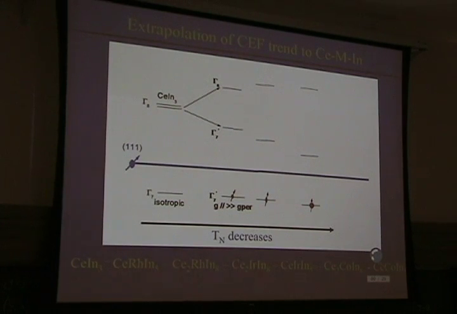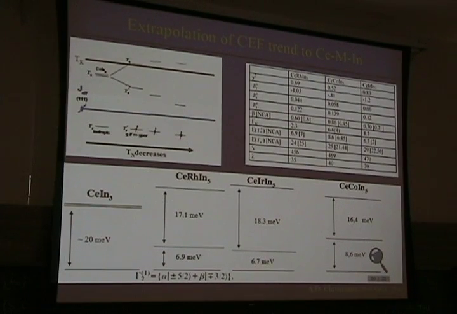So the only way to know the crystal field schemes reasonably well is to measure inelastic neutron scattering. And that was done, motivated by that simple idea I'm telling you right now. So here is what we got when you actually measure the crystal field schemes for cerium 3, cerium rhodium 5, cerium iridium 5, cerium cobalt 5.